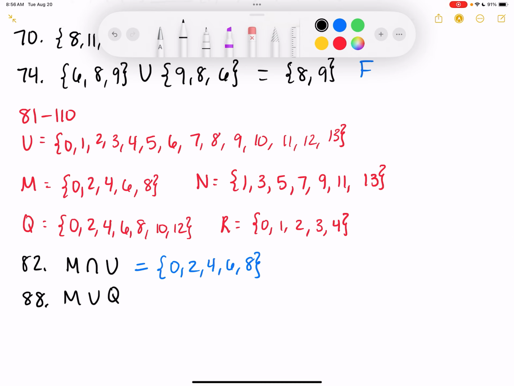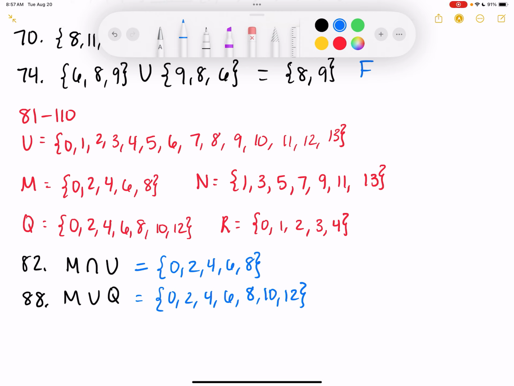The union means everything that is in either set, and so what would the union of M and Q give me? 0, 2, 4, 6, 8. What else? 10, 12. Yep, 10 and 12 would be included in this one as well because it's a union, so it's everything that's in either set.